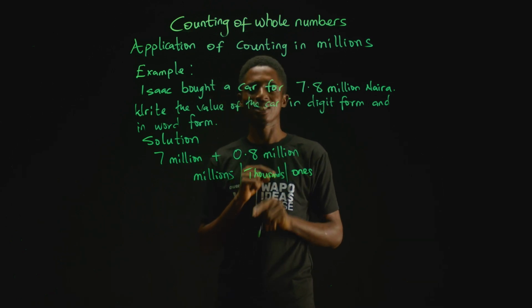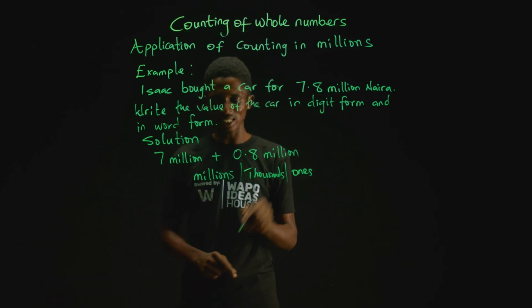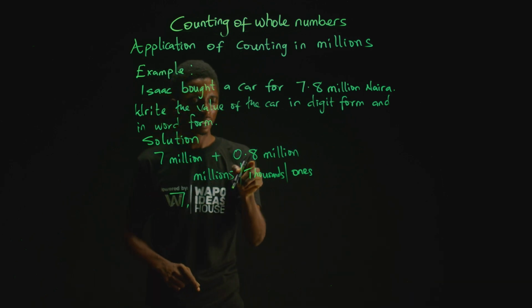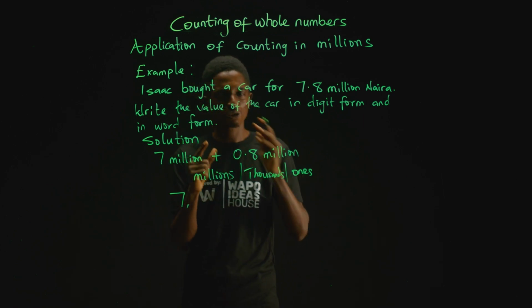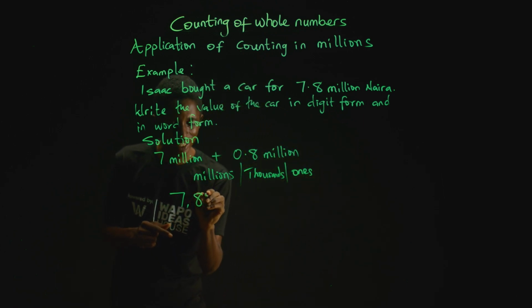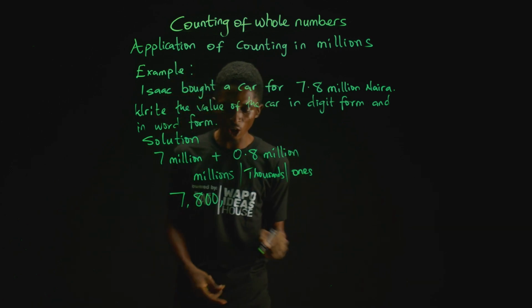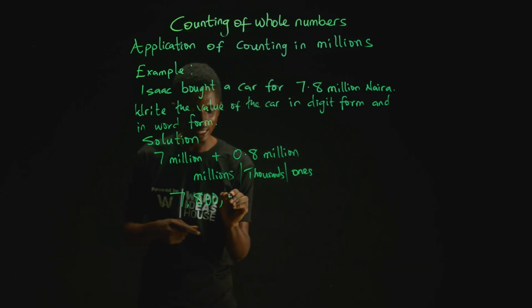Yes, thousands. That means the value at which Isaac has bought his car would then be 7 million. Now 8, of course, will be followed by what? 2 zeros. So we have 800,000.